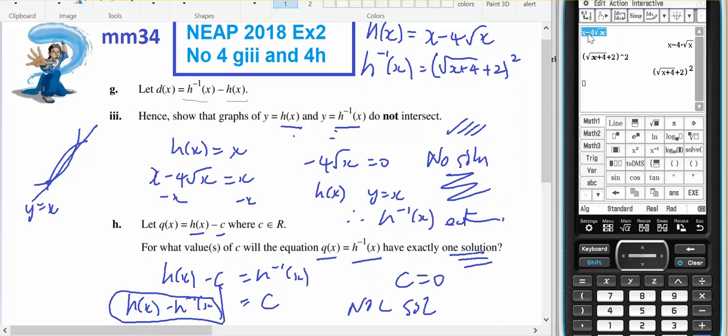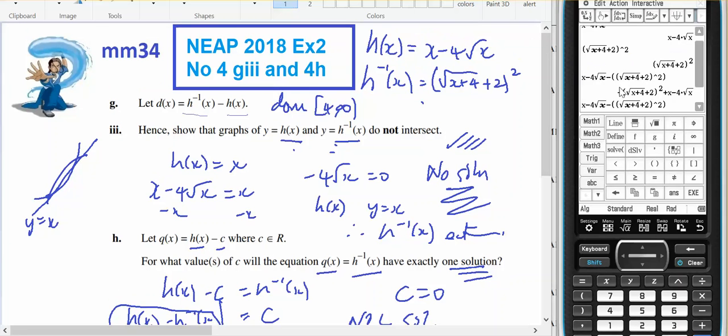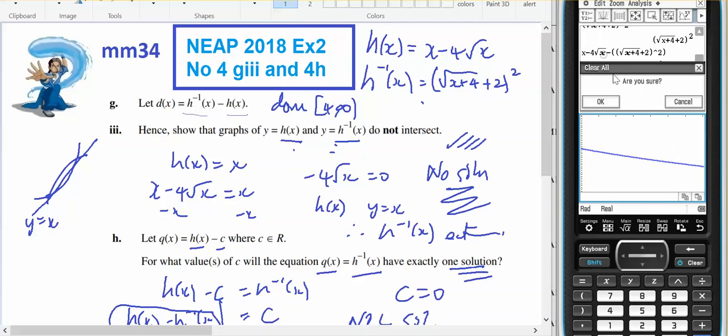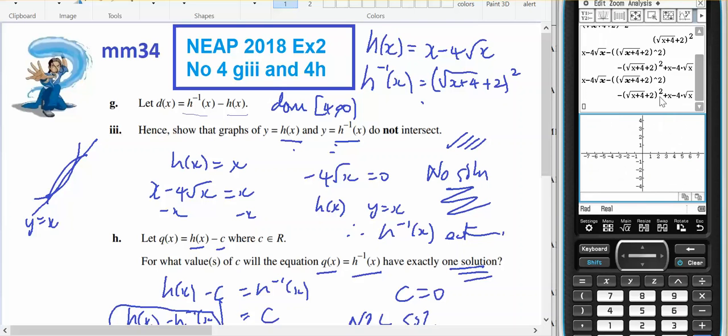So this is H of X, and I'm subtracting the inverse. So I've got here on my calculator H of X minus the inverse. If I take that and I graph it, now, I do have a restricted domain of 4 to infinity.